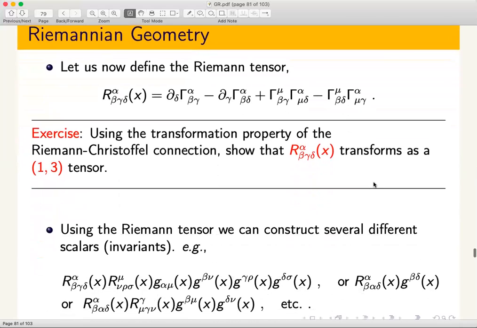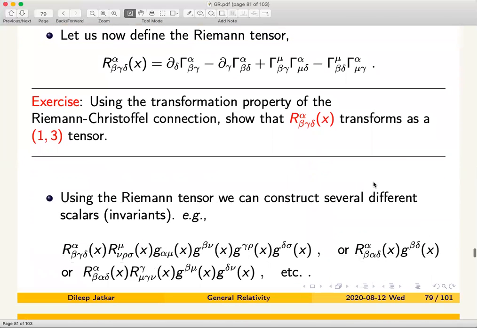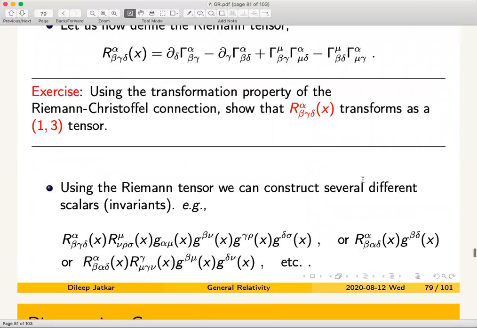Okay, so here are the quantities that you could construct using the Riemann tensor. Just pay attention to what is being done. So I have R alpha beta gamma delta, and I have R mu nu rho sigma. All I'm trying to do is to contract alpha with mu by taking G alpha mu, beta with nu by taking G beta nu, gamma with rho using this G, and delta with sigma using that G. So this quantity is quadratic in the Riemann tensor, but the entire quantity is a Lorentz scalar.